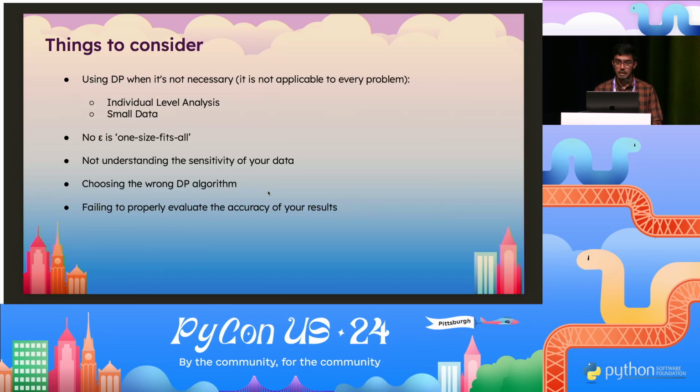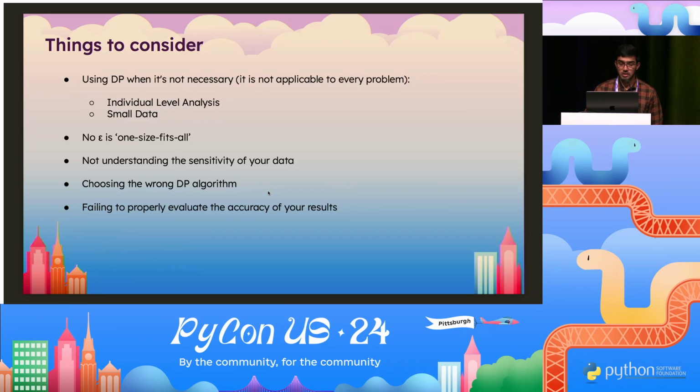So it might not be applicable to every problem that you're working with. Individual level analysis is one such problem. And if the data set is so small that the differentially private algorithm adds a lot of noise to it, that might also not be a wise thing to do.